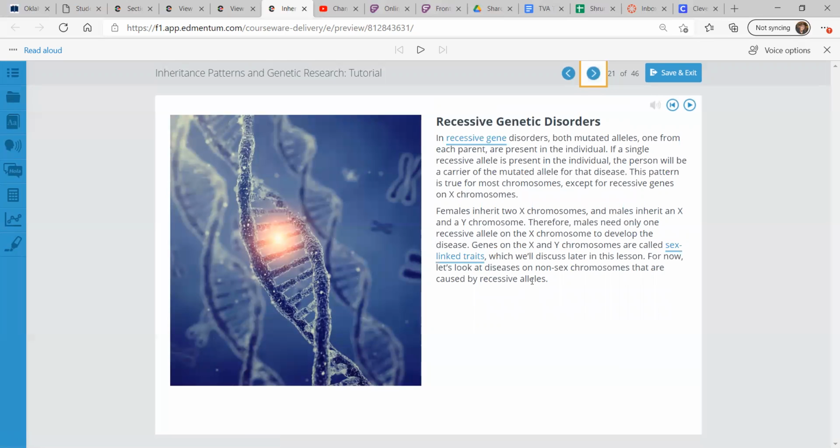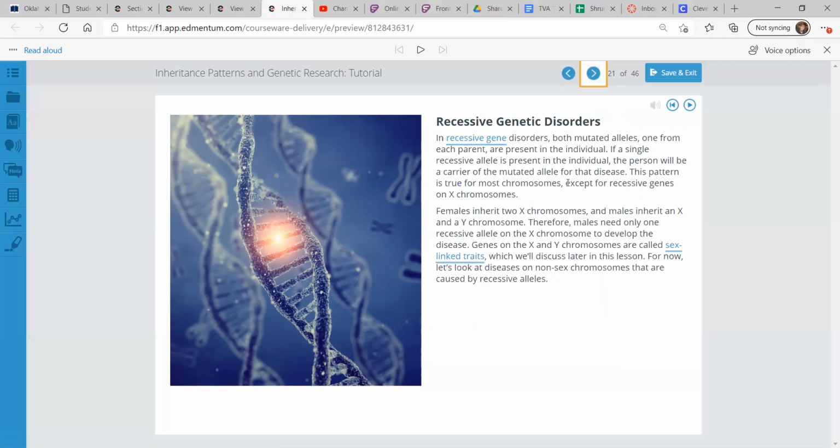Recessive genetic disorders. In recessive gene disorders, both mutated alleles, one from each parent, are present in the individual. If a single recessive allele is present in the individual, the person will be a carrier of the mutated allele for that disease. This pattern is true for most chromosomes, except for recessive genes on X chromosomes.